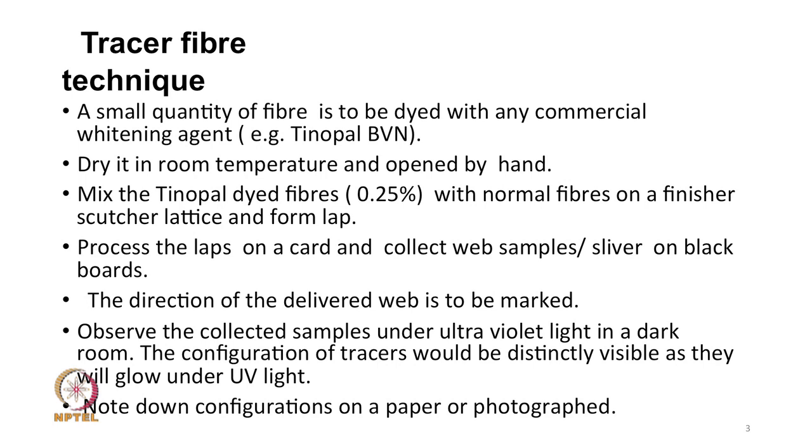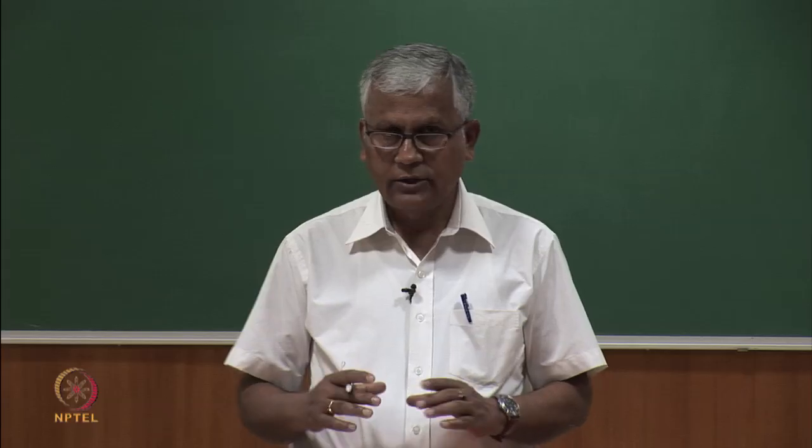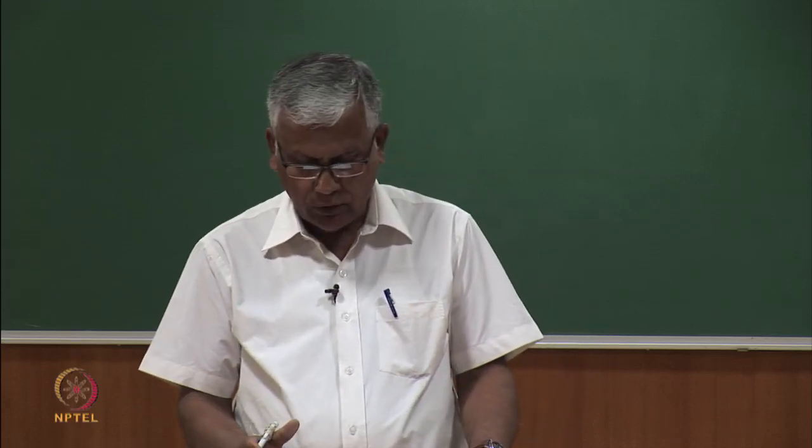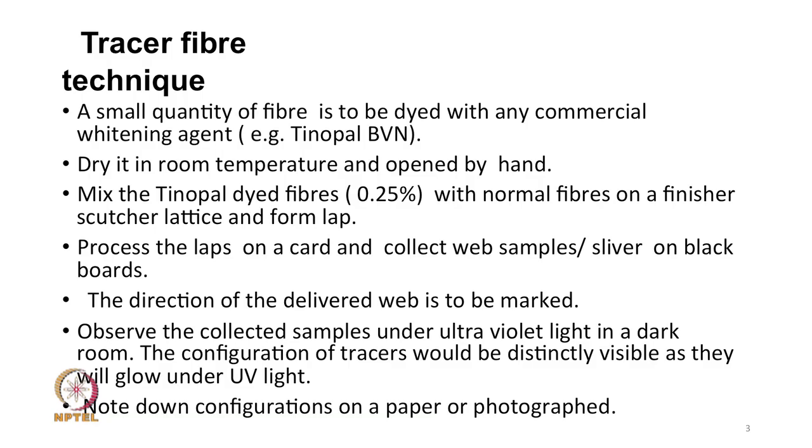The next step, now we process the lap on a card and collect the web samples from the card, or we can also collect the sliver and then place this web or the sliver on a black board. So, we can collect a number of samples and put them on black boards.